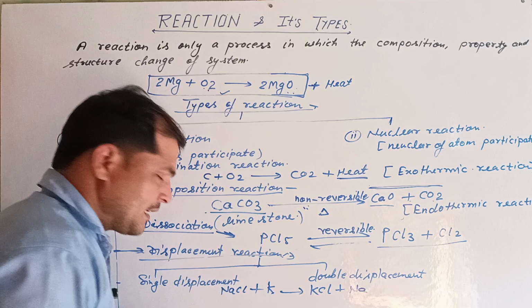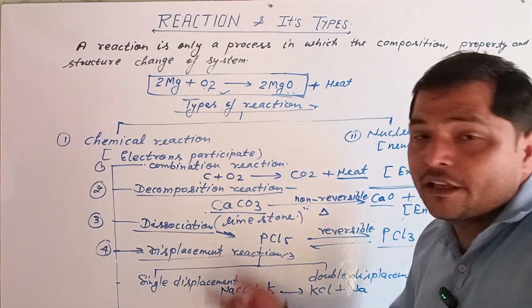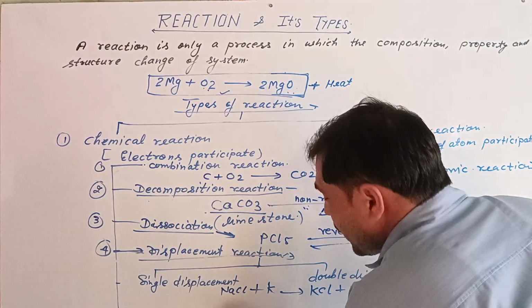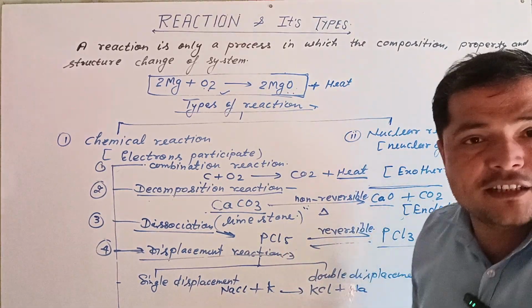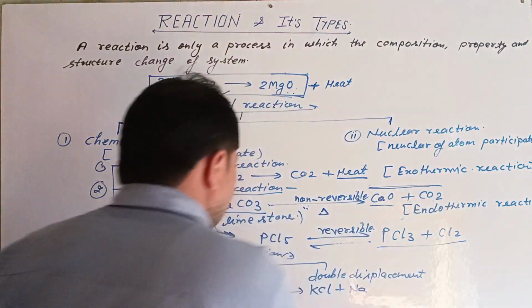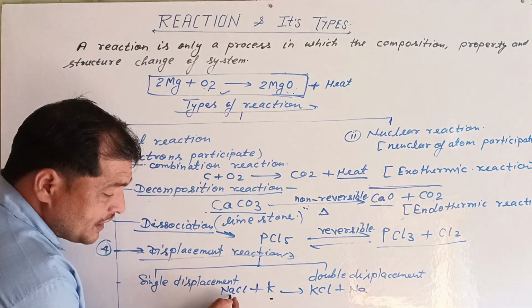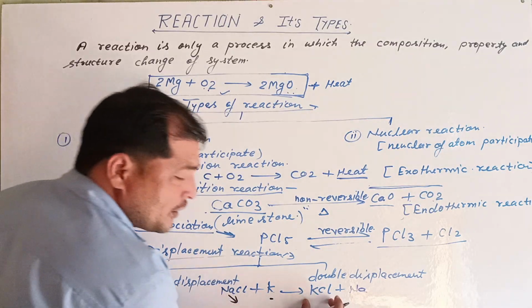In a displacement reaction, there is the possibility of changing of ions only when one of the given ions is more reactive and the other one is less reactive. So potassium is more reactive than Na. So potassium displaces Na from its compound and forms potassium chloride.